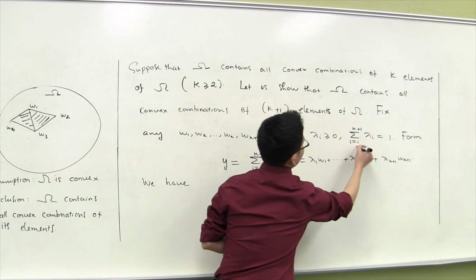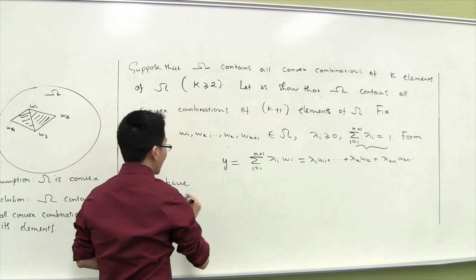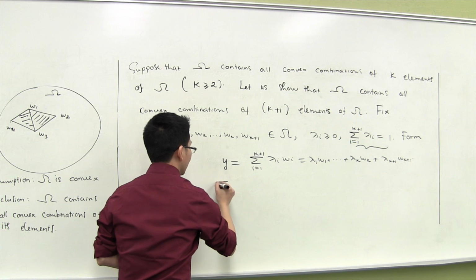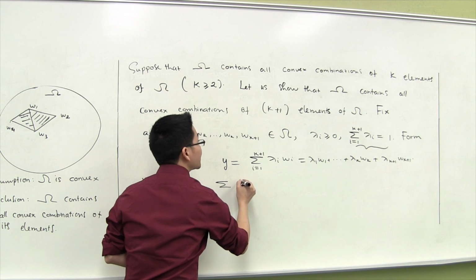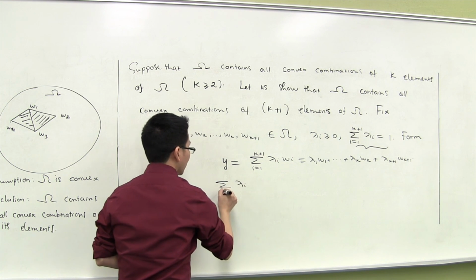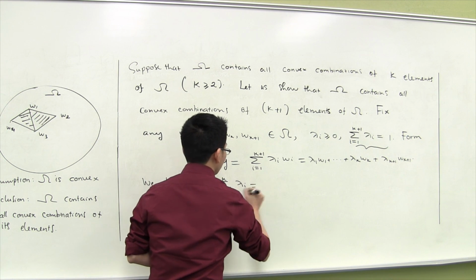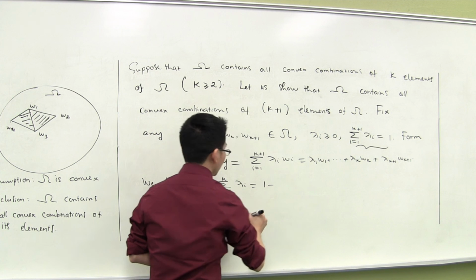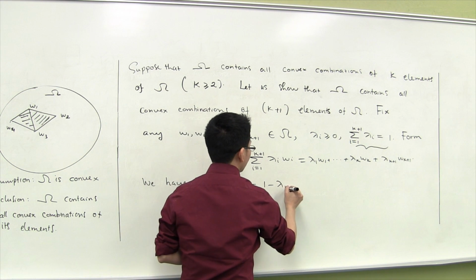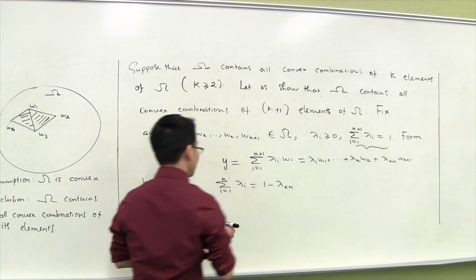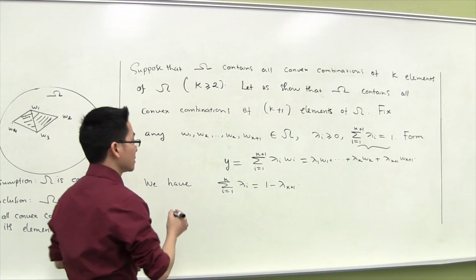From this equation, we can write the sum of lambda i, where i runs from 1 to k, is equal to 1 minus lambda k plus 1. Okay, and we're going to look at two cases.